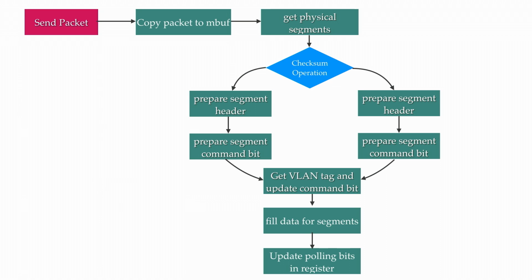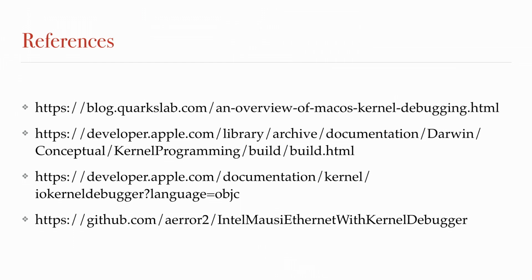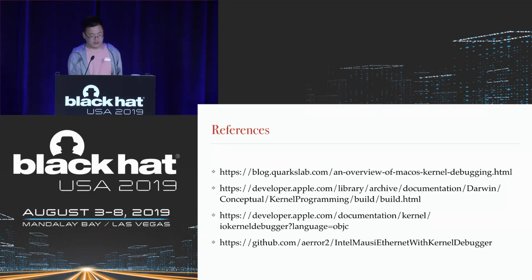After that, it should prepare the header and command bit for each segment and fill them with data. And last, update the polling bits in the register and wait for the output thread to decode them. Here are the references if you want to implement a debugger driver based on open source networking drivers.